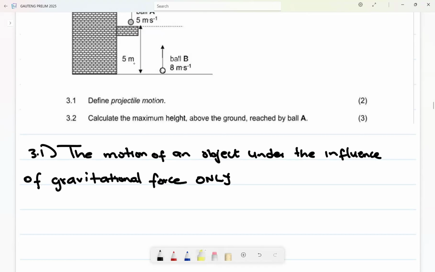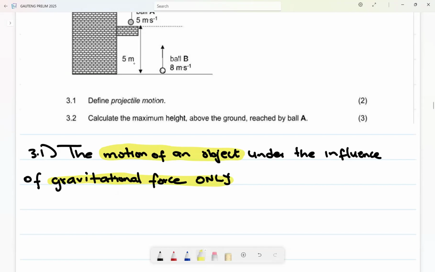Do not say the motion of an object under the influence of gravity only. No, gravitational force only. Okay, and it is the what? The motion of an object. Do not say the object. The minute you say the object, it is wrong because we are now defining what? Projectile. Actually, you are now defining a projectile.